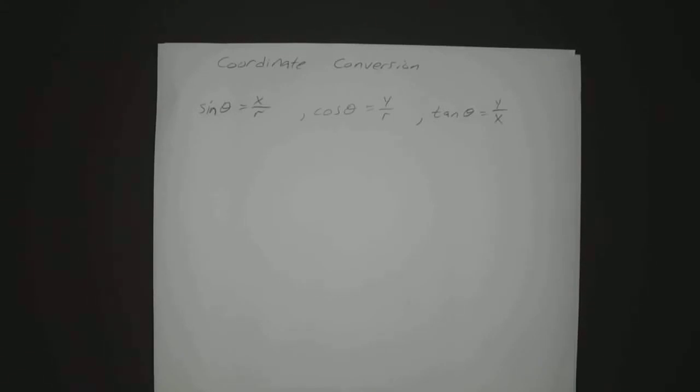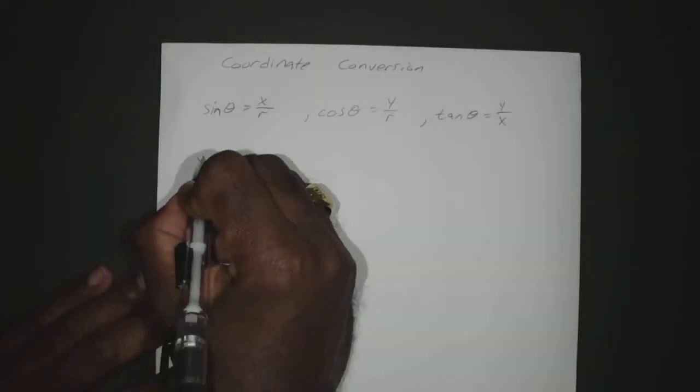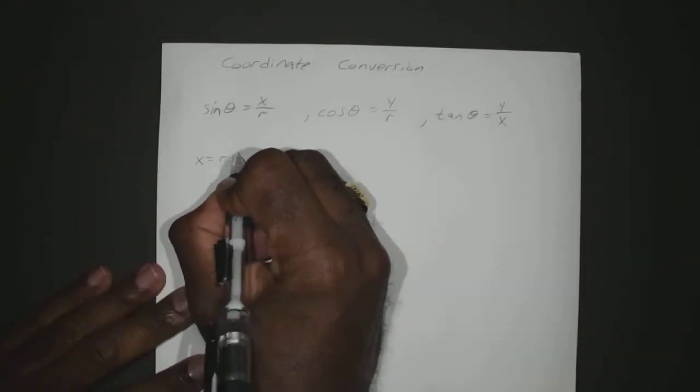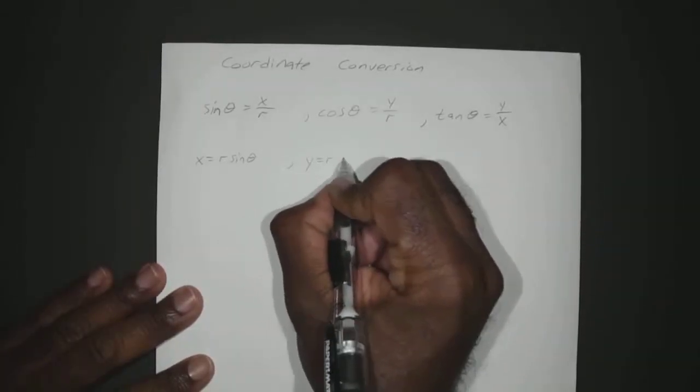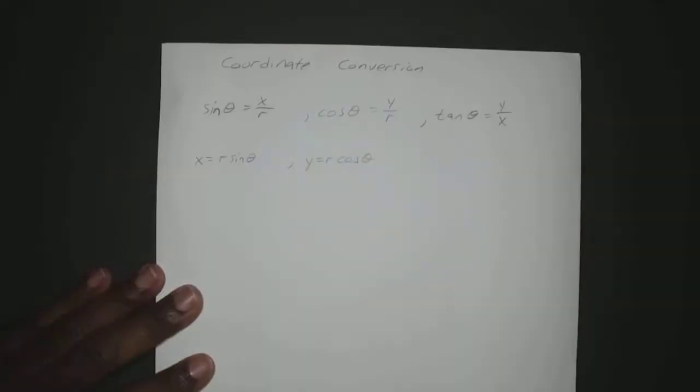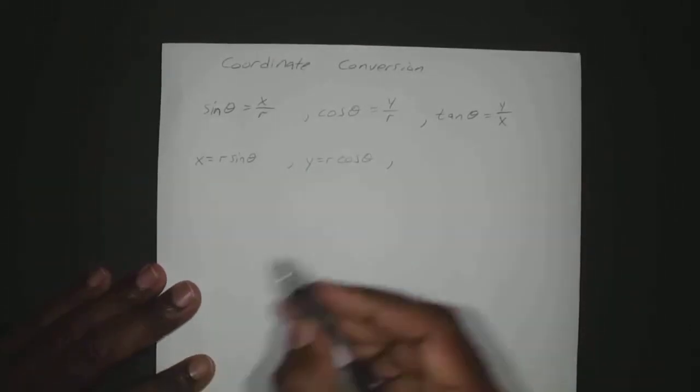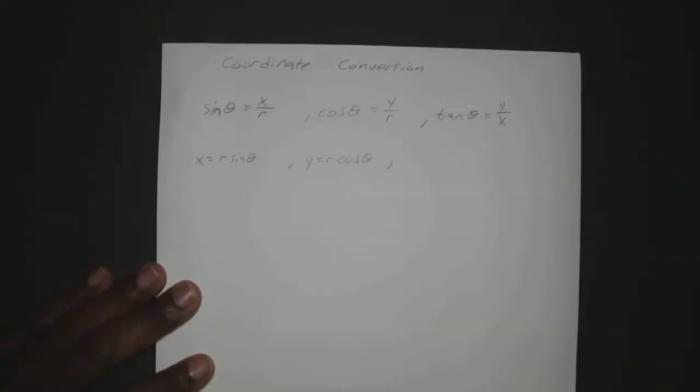So if we multiply both sides by the radius, we have x equals r times sine of theta, y equals r times cosine of theta. And tangent theta, we can leave it like that since we don't need it right now, but we will need it a little later.